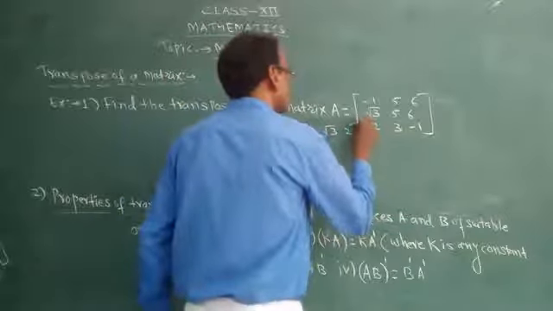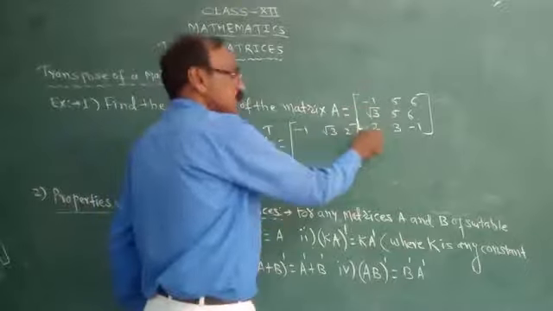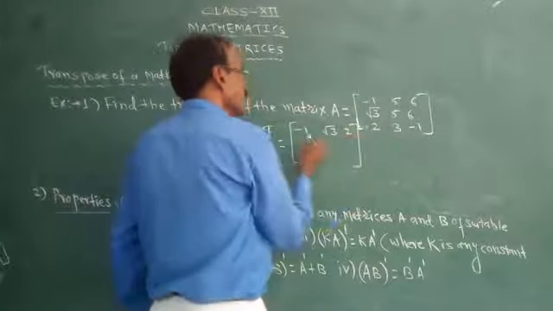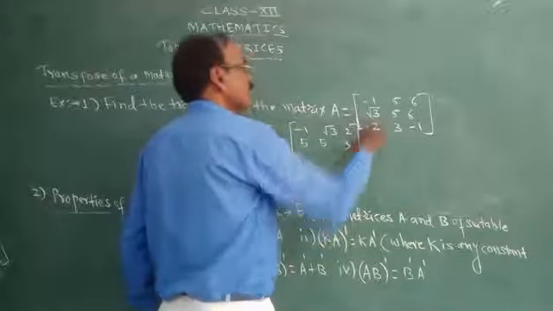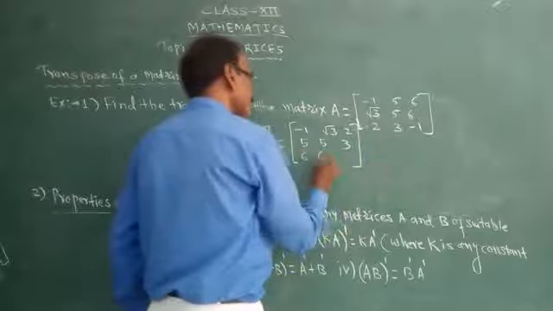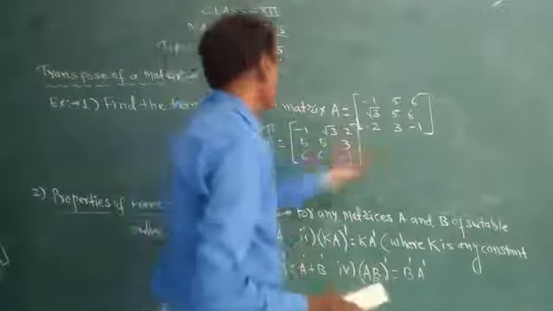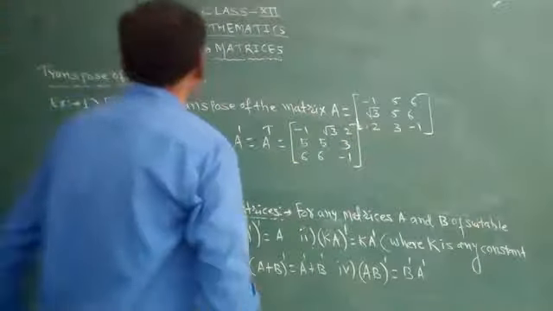The second column, 5, 5, 3, becomes the second row. The third column, 6, 6, minus 1, becomes the third row. So this is the transpose of the matrix A.